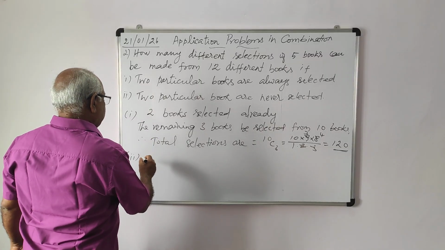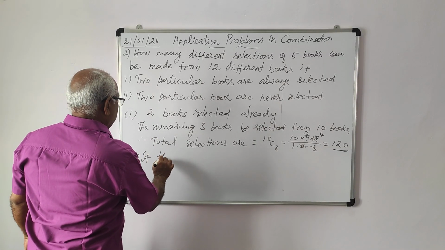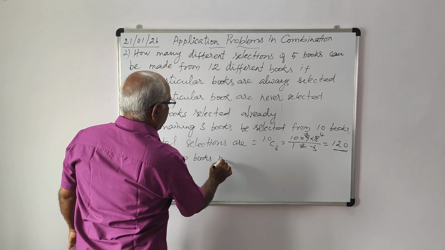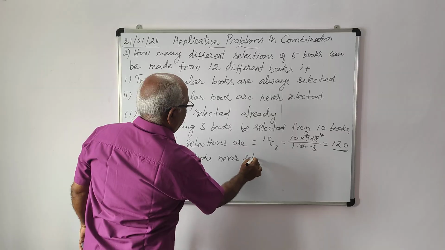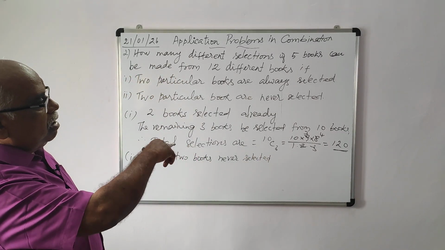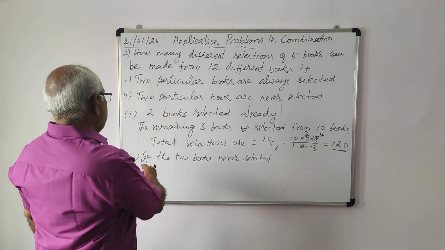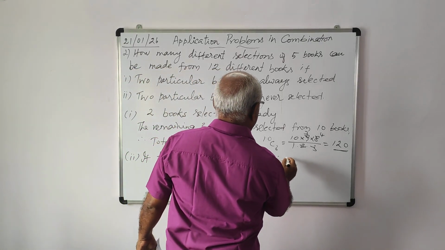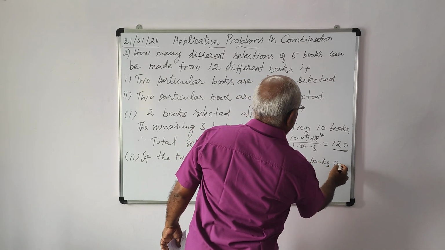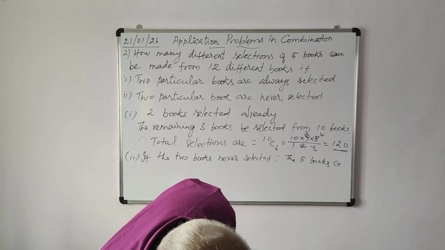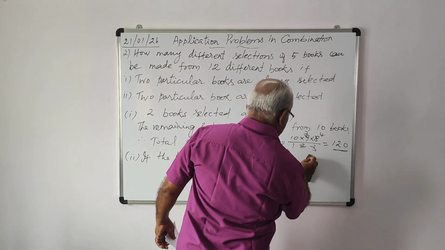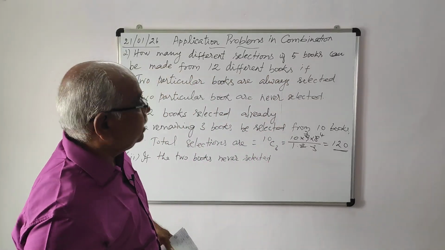So in this second case, all the 5 books can be selected from the 10 books only.